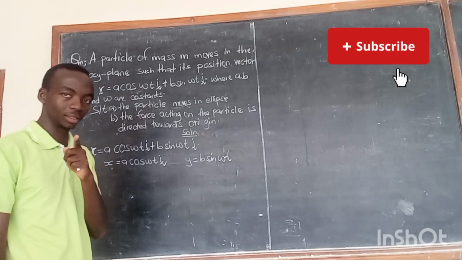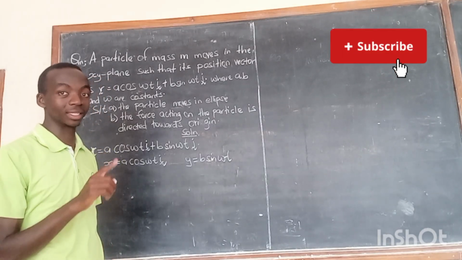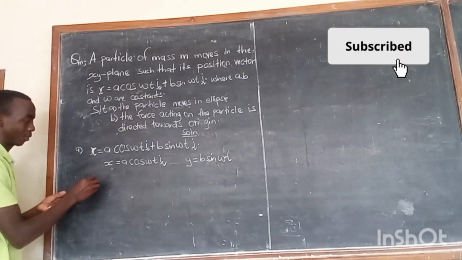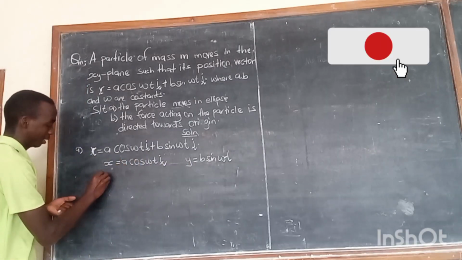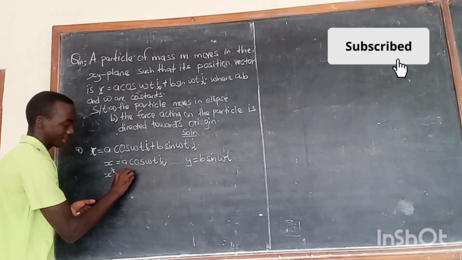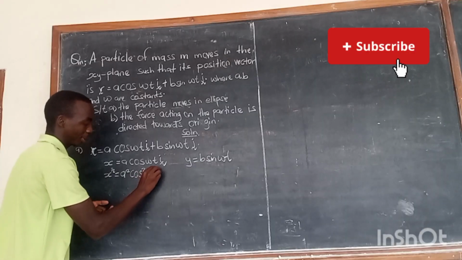But we know that in the equation of an ellipse, we always have squares, x squared. So we are going to make this one squared. So when we square everything, here we shall have x squared is equal to a squared cos squared omega t.